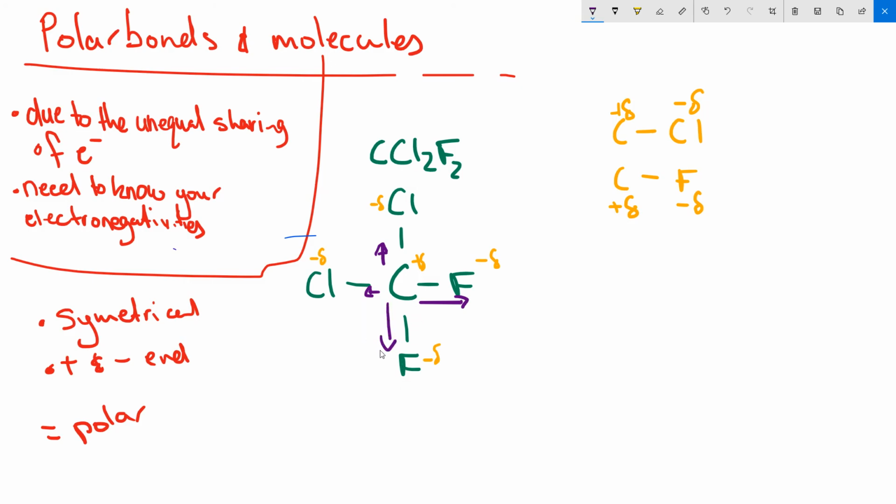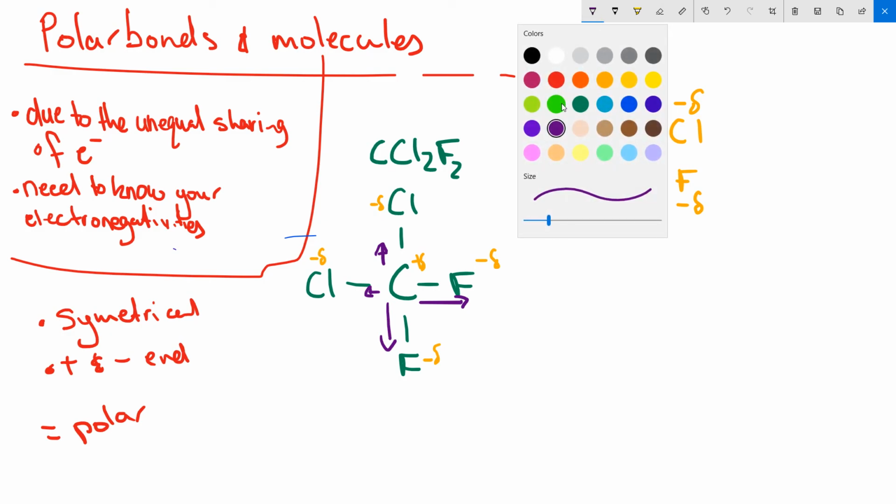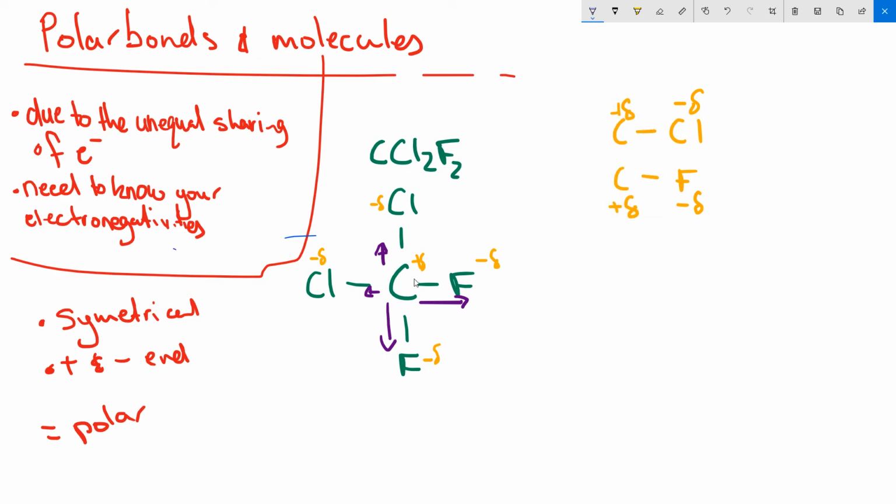So if we think about this in vectors, that larger dipole is going to cancel out these, so we're going to have an overall dipole in that particular direction. So as we go from this direction to that direction, we're going positive to negative, which means that this molecule is a polar molecule.